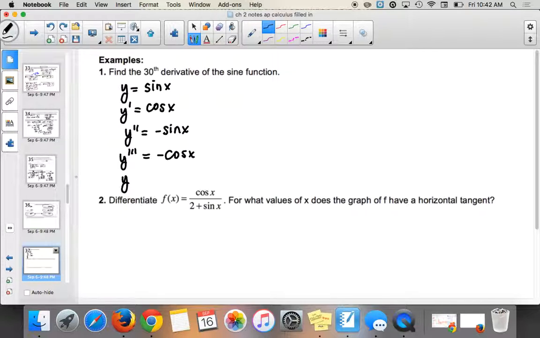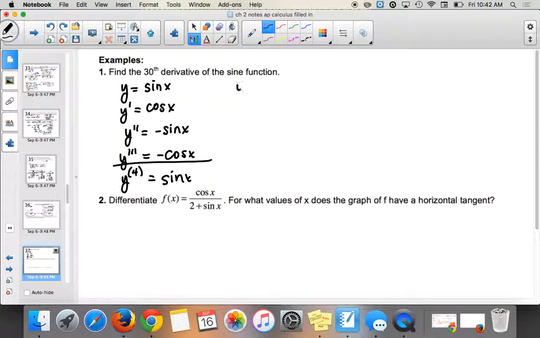The 4th derivative, do you guys think we do this like for the 30th? Eventually we have to stop doing that, right? So once we get to the 4th, that's when we do a parenthesis with 4, like that. So it looks like y of 4, but it's actually raised up. So that is read as the 4th derivative of y, and it's back to sine, okay.